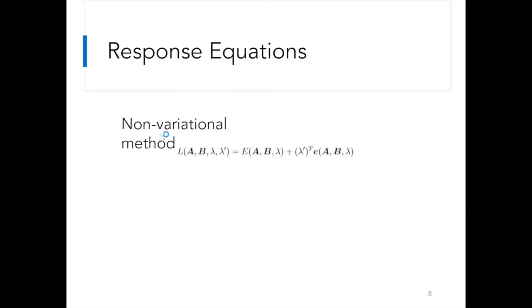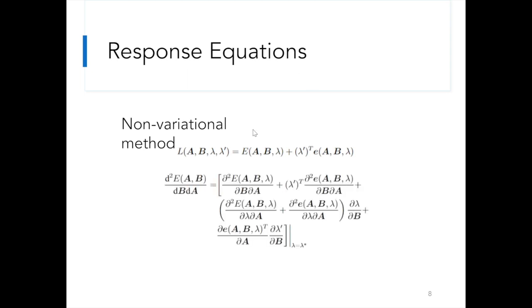So for non-variational methods, it can be treated in a similar manner. Instead, now we're treating the object as a Lagrangian, where we have constraints on the wave function, E and lambda prime, which is the corresponding Lagrange multipliers.